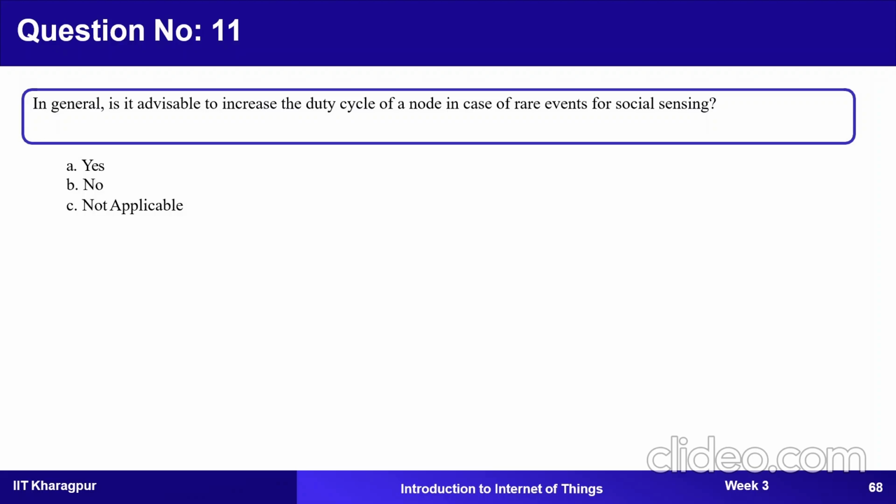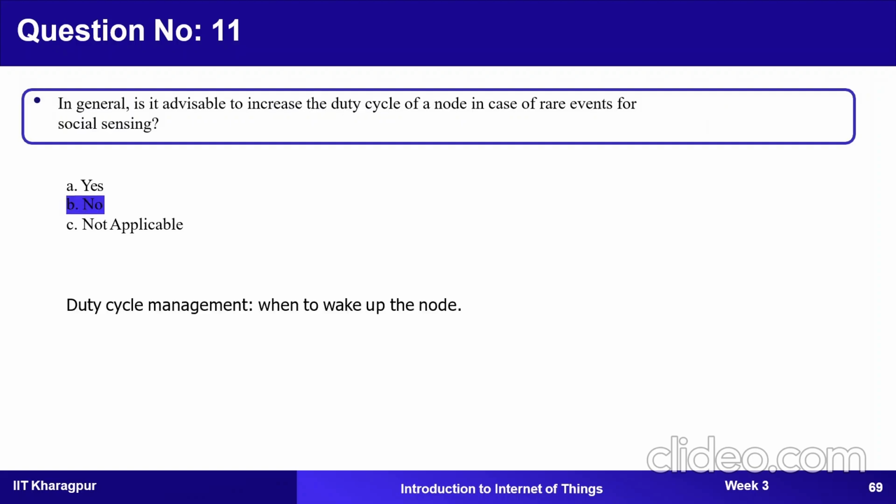So in case of rare events, if we do so, then we are just wasting the power or energy of your sensor devices. Their lifetime will become short. As the event is rare, it will occur after a long time and your sensor is going to be used for a long time without any function. So it is not advisable to increase the duty cycle of a node in case of rare events. So the correct option for this is no.